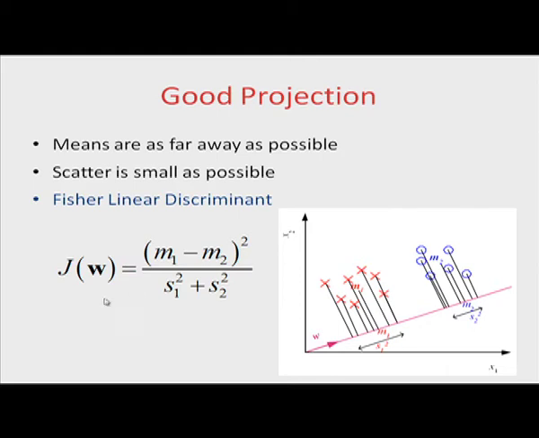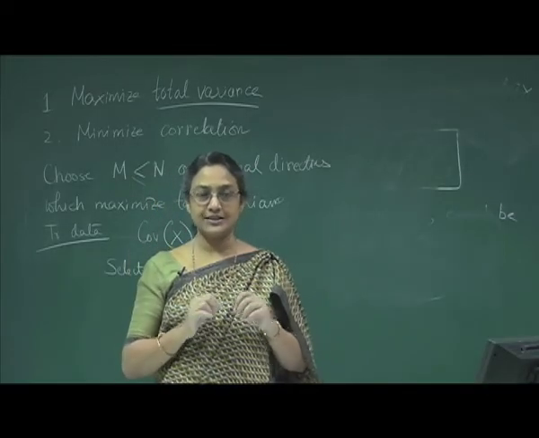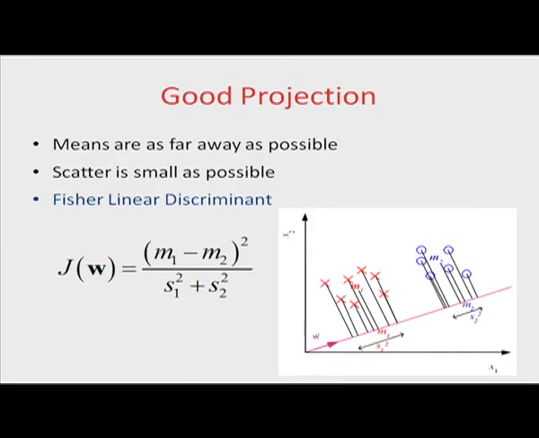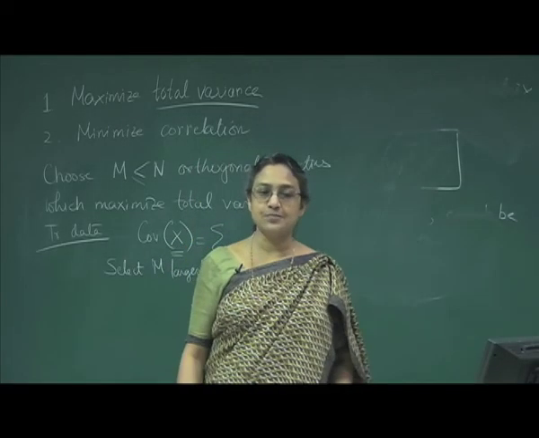Fisher linear discriminant uses as objective function, when you have two classes, m1 minus m2 whole square divided by s1 square plus s2 square, and it tries to maximize this objective function. It tries to find w, that is the projection of the feature space to the new feature space using the parameters w, such that this criteria is maximized. This is for a 2-class problem.